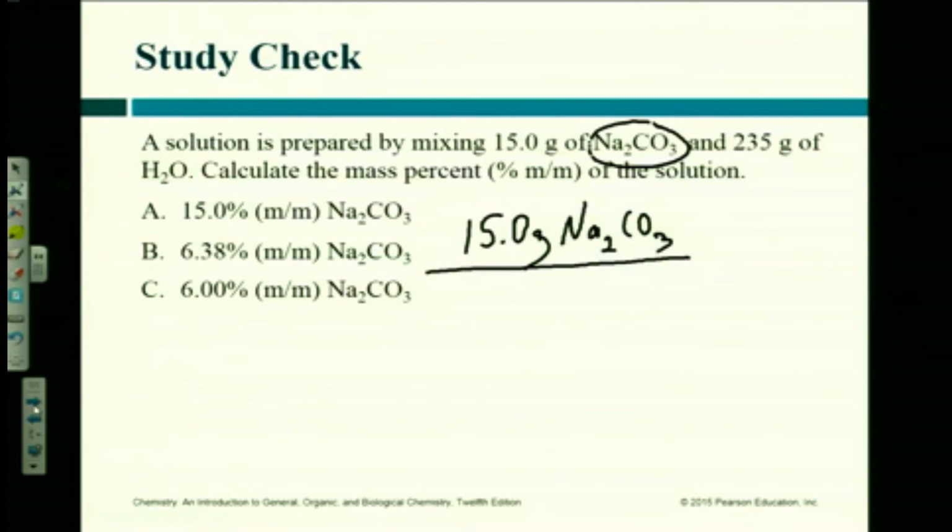Very good. All right, so that's the mass of the solute. What goes on the bottom? The mass of the solution. What's the mass of the solution? 235 plus 15.